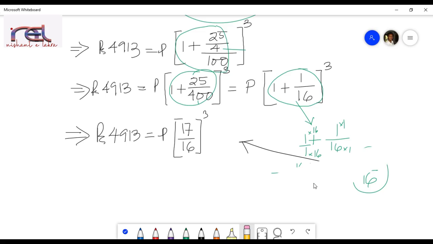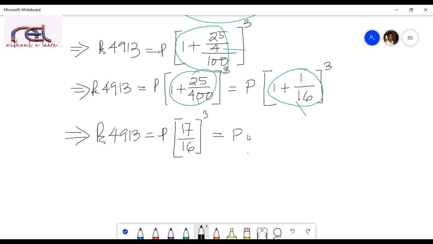Let us simplify it further. So 17 by 16 to the power 3, that means what? We have to multiply 17 by 16 3 times. So I'll just write it down: 17 by 16 into 17 by 16 into 17 by 16.